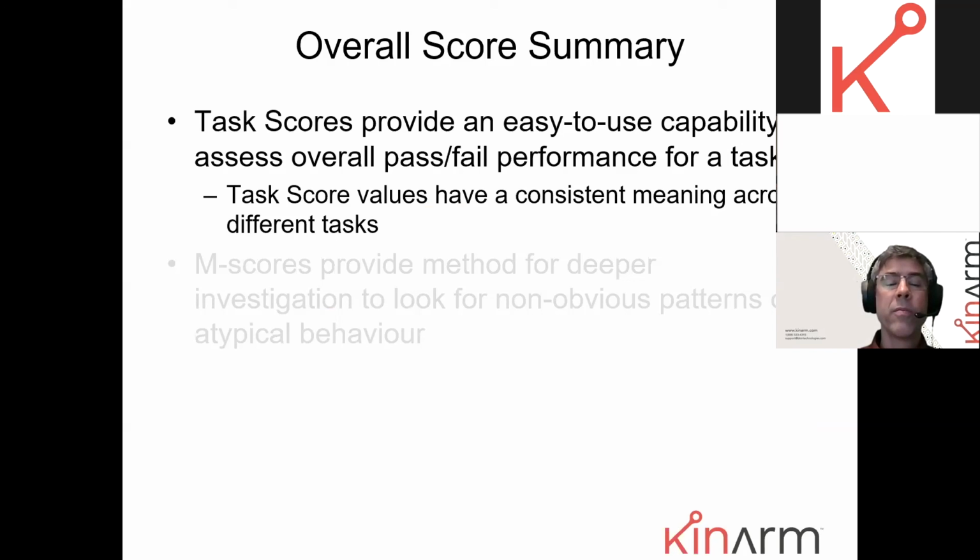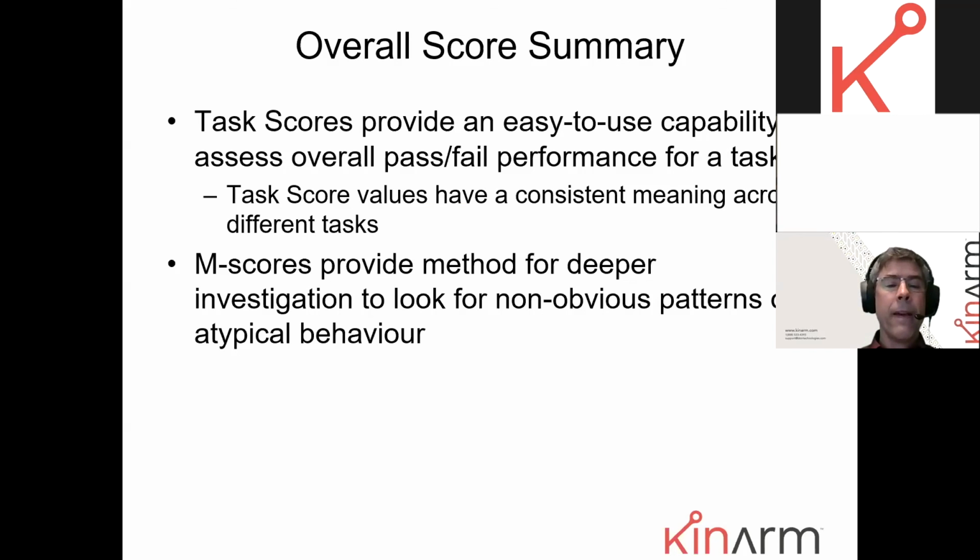In terms of summarizing those differences, the task score is an easy-to-use capability in terms of, hey, did this subject pass or fail their performance? And as I mentioned earlier, they have a consistent meaning across different tasks in the sense that they have the same scale. But the M score's purpose really was to provide, as we say, a deeper investigation because it detects non-obvious patterns of atypical behavior.